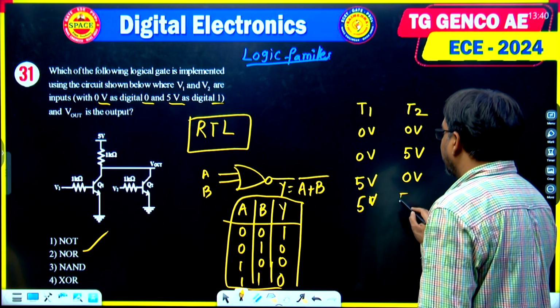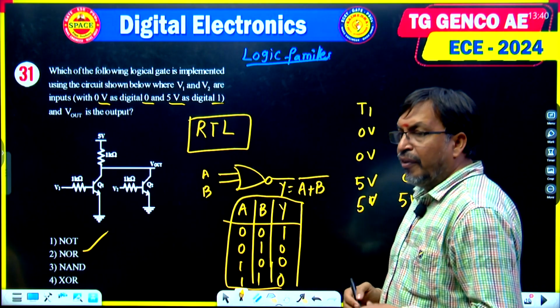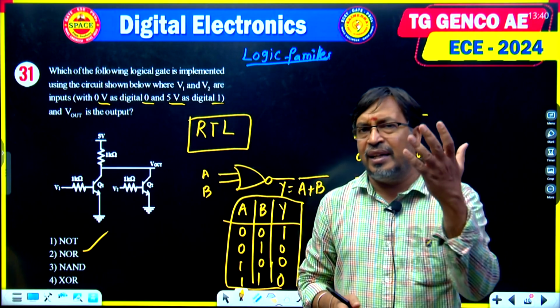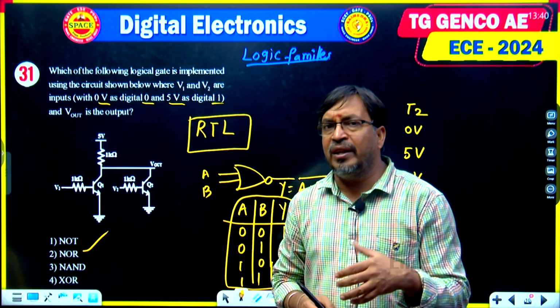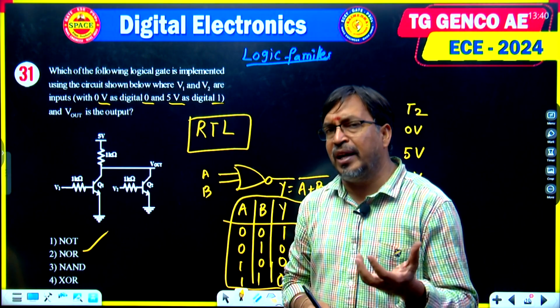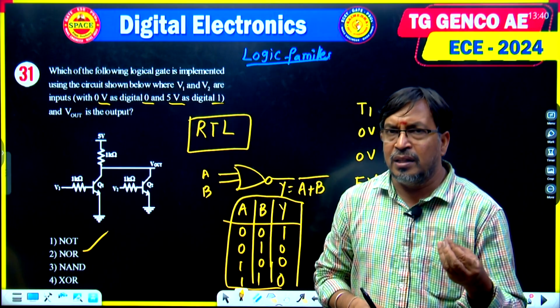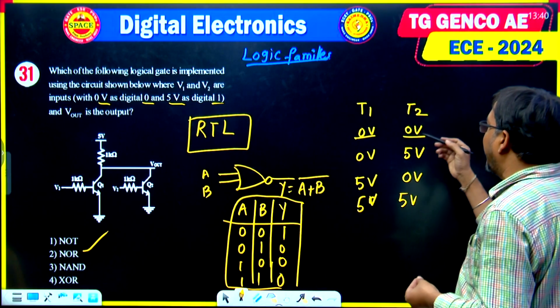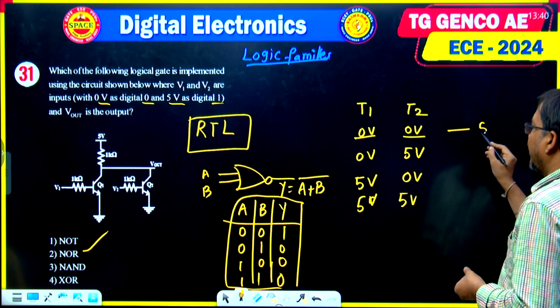Here you remember one point: when we are giving voltage to a transistor, if it is an ideal transistor, it acts as a short circuit, and when there is no input voltage, it acts as an open circuit. See here, both are off. When both are off, the maximum voltage will be considered, that is 5 volts.